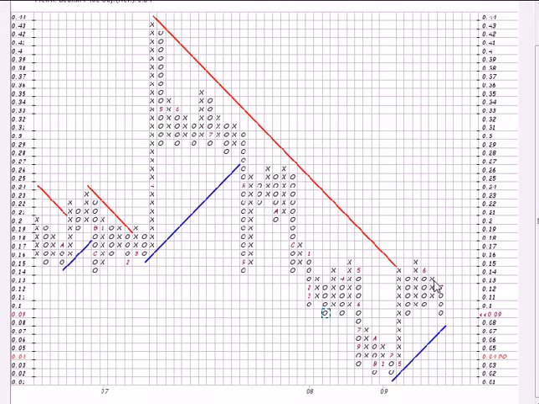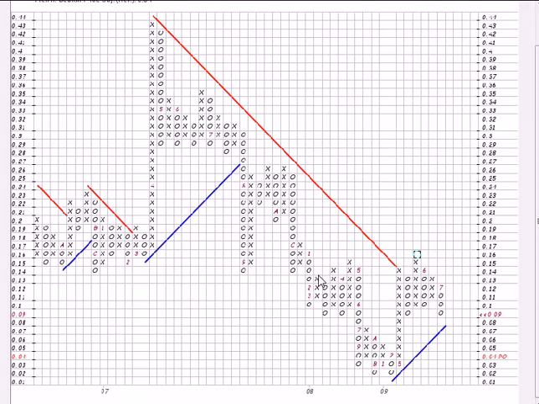Now, to find resistance, we look at the top of each X column, and we see there's one here at 14 cents. We see there's one at 15 cents. And we see there's one here at 16 cents. Those are going to be the resistances that our stock is going to try and achieve at different times. 14, of course, is going to be the first.